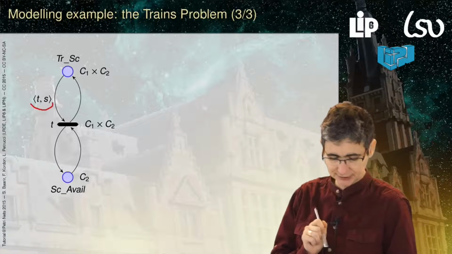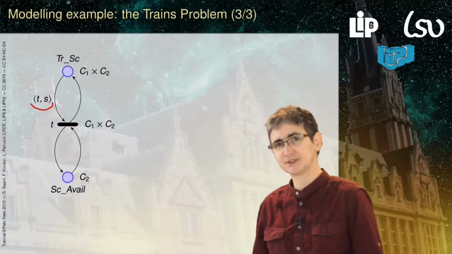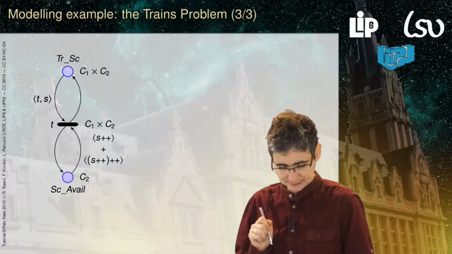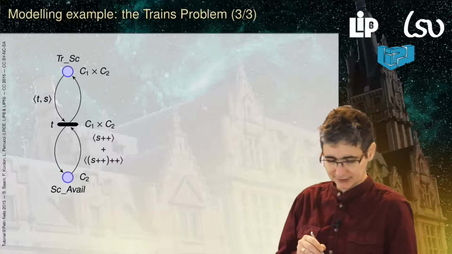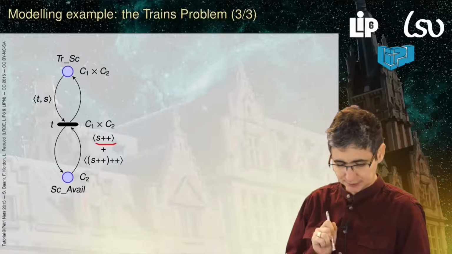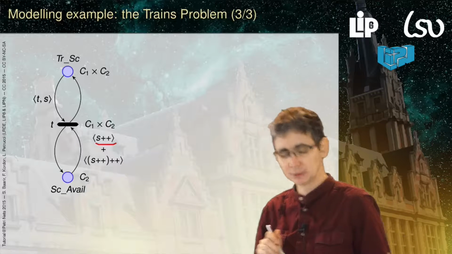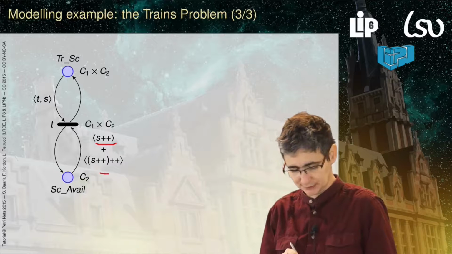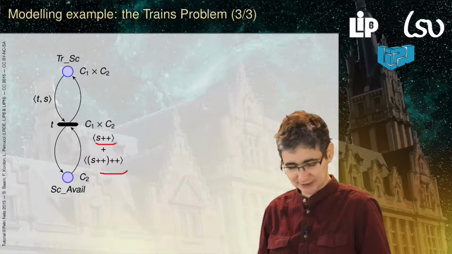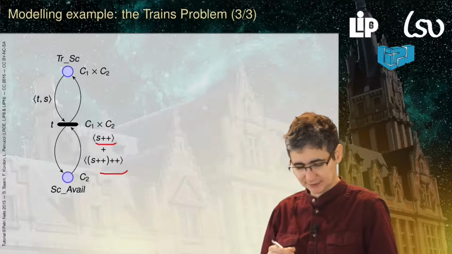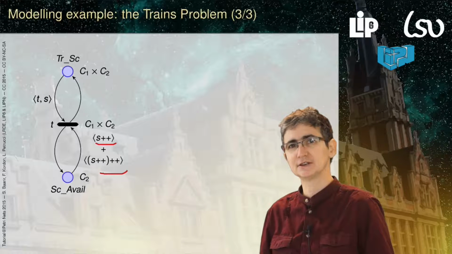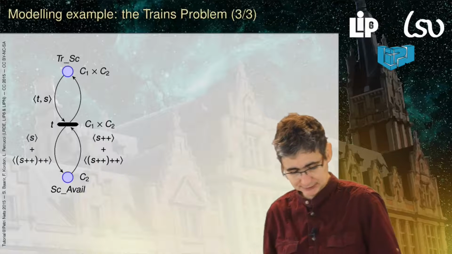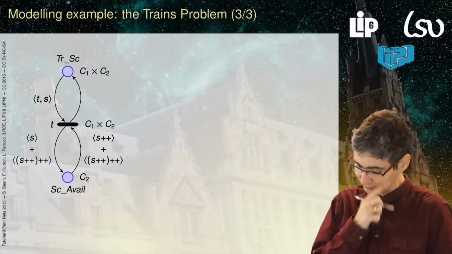So this is the train that I want to move from section S to the next section. And then we'll check that the next section, so it's S++ here, is available. And we said we want to look ahead, so we have the next section, S++++. So we have to take these two and check they are available. If it is the case, then we will move the train.